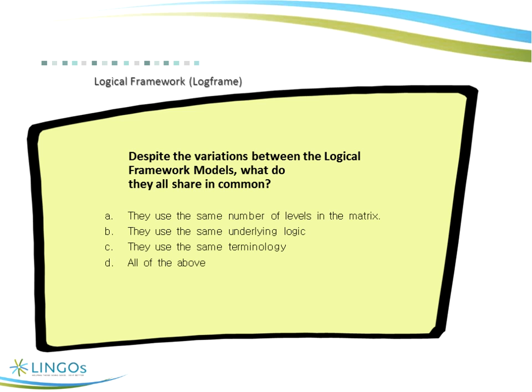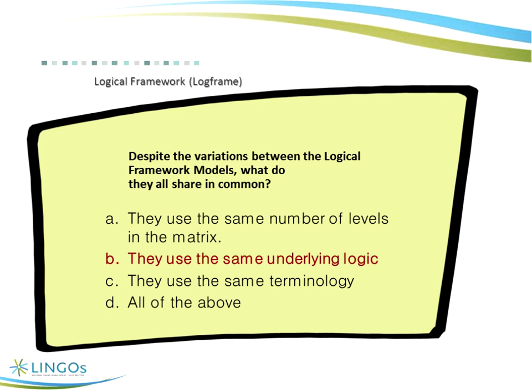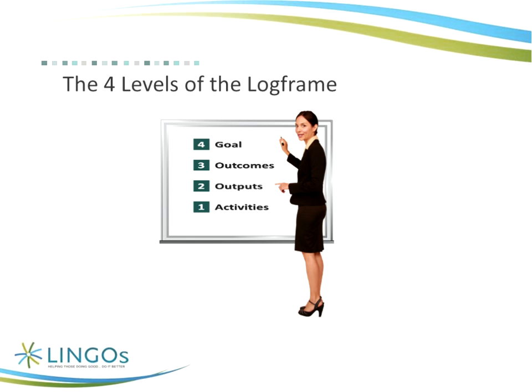Despite the variations between the logical framework models, what do they all share in common? Do they use the same number of levels in the matrix? Do they use the same underlying logic? Do they use the same terminology, or do they use all of the above? Thank you. The obvious answer is B. They use the same underlying logic. Thanks. Just a quick review.